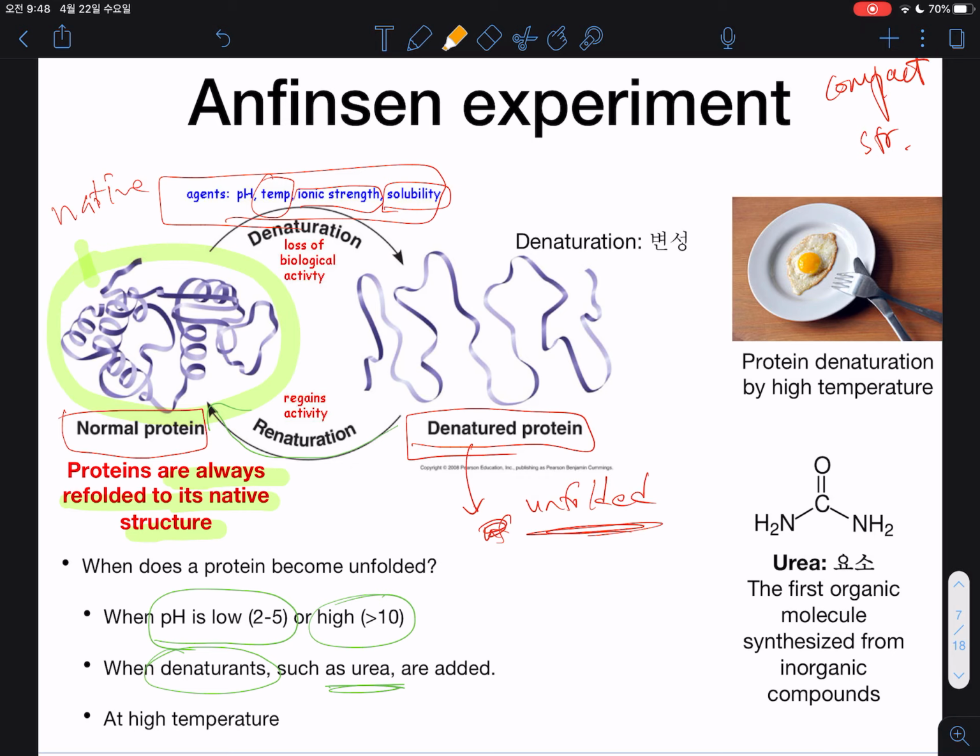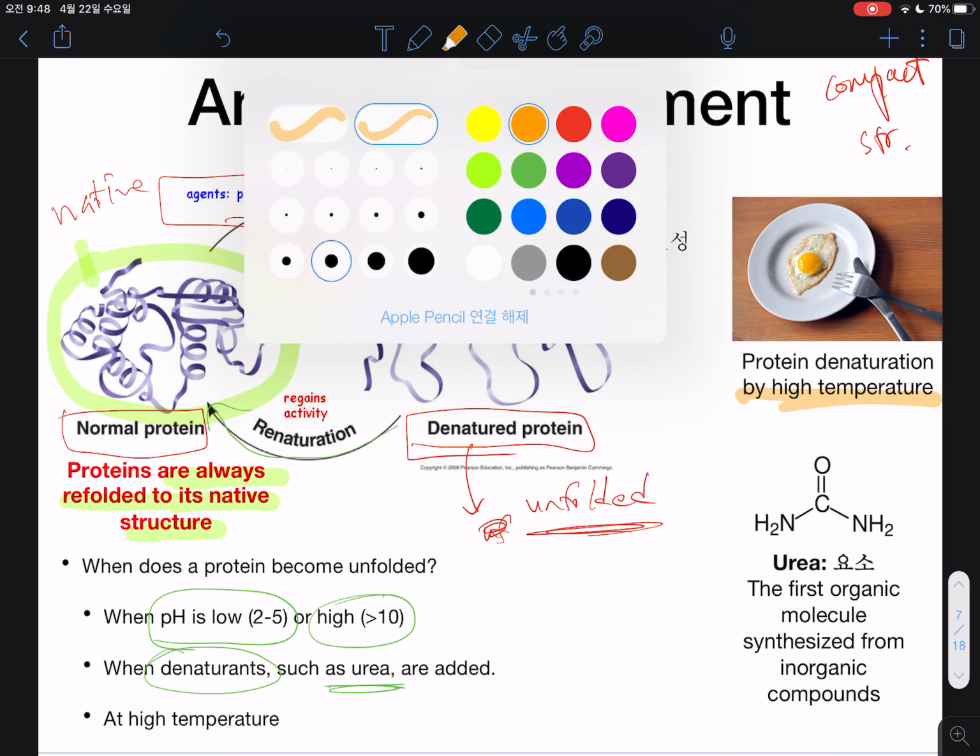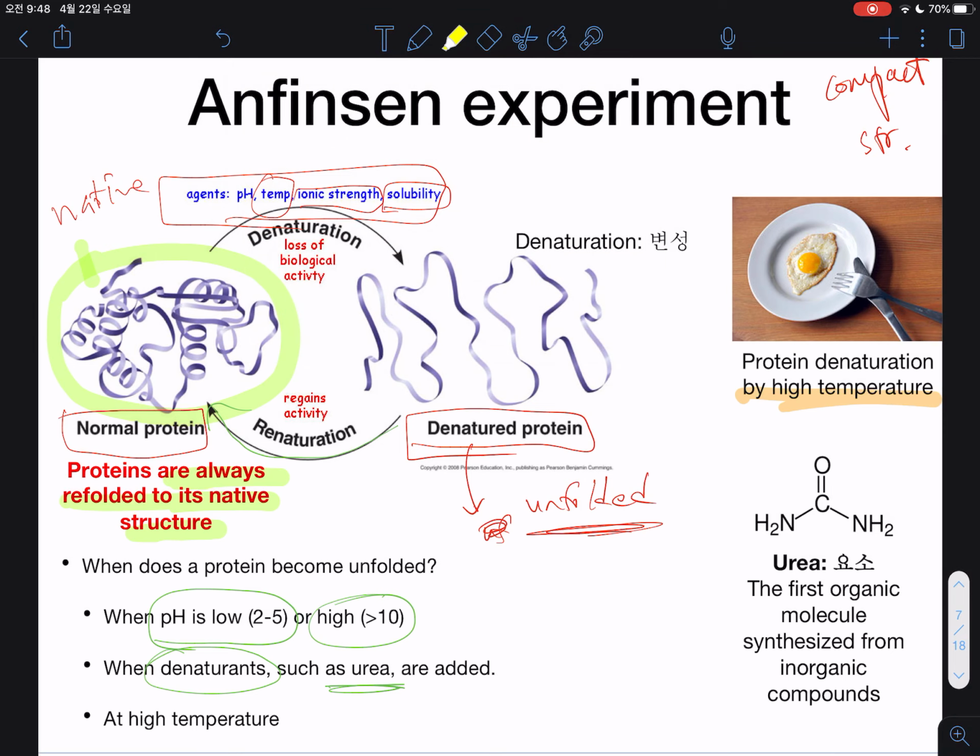But if you heat it to a high temperature, it becomes denatured. Once the proteins are denatured, they aggregate and become entangled with each other, and they become like this. This is actually the result of unfolding plus aggregation or entanglement.